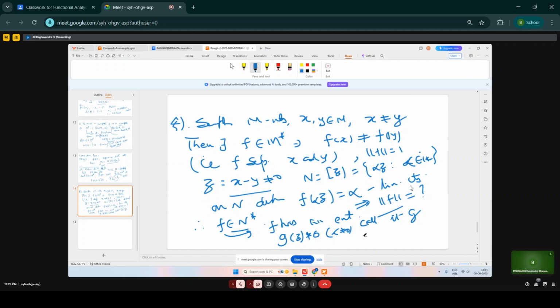And therefore g of z is g of x minus y, that is non-zero. Apply the linearity, then you get g of x not equal to g of y. So this is a very simple application of the Hahn-Banach theorem.